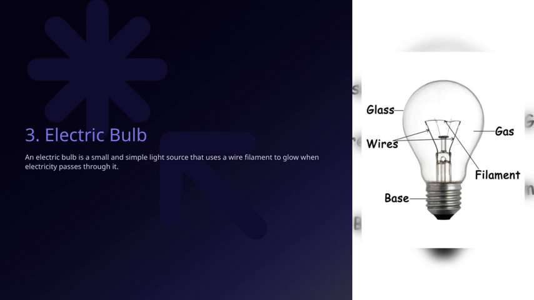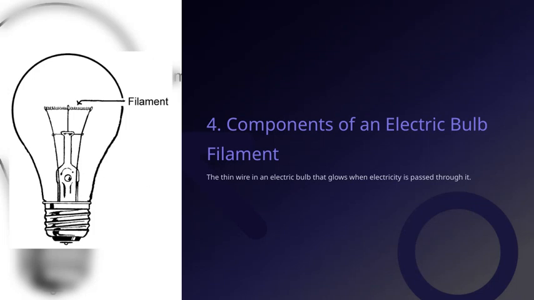Now, let's take a closer look at one of the most essential components of an electric bulb, the filament. This is a very thin wire inside the bulb that plays a crucial role. When electricity flows through it, the filament heats up to a very high temperature and begins to glow, producing light. The filament's ability to glow without burning out quickly is what makes incandescent bulbs effective.